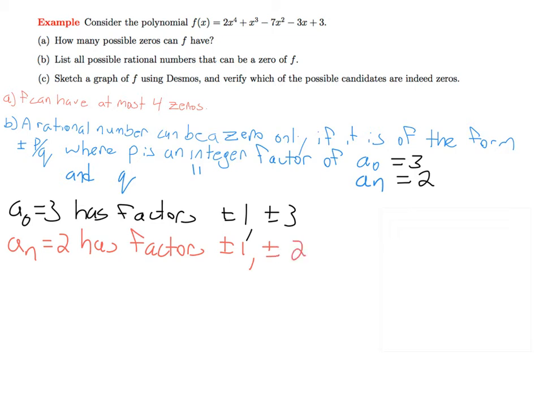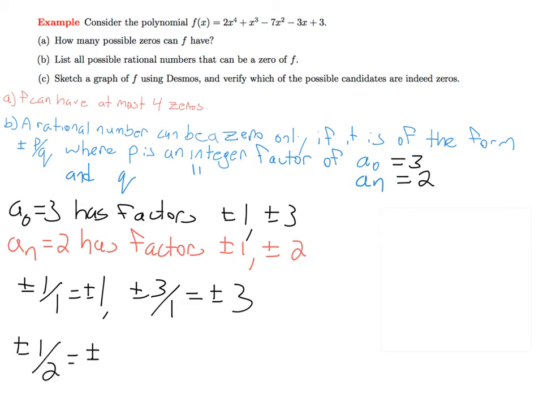So the only possible candidates would be things that look like plus or minus 1 over 1, which is plus or minus 1, plus or minus 3 over 1, which is plus or minus 3, plus or minus 1 over 2, which is plus or minus 1/2, and plus or minus 3 over 2.